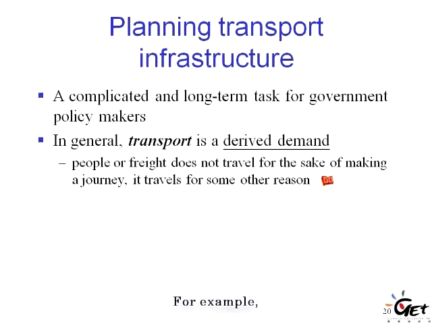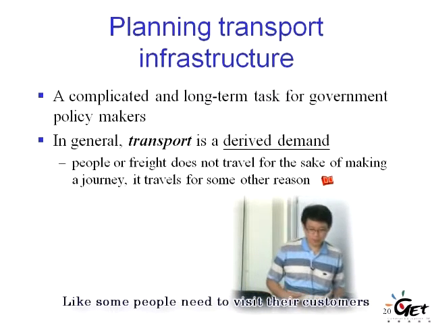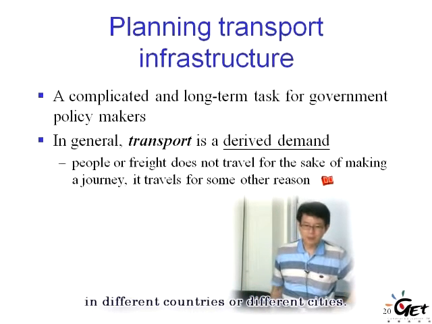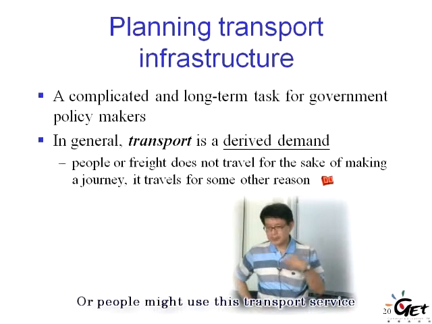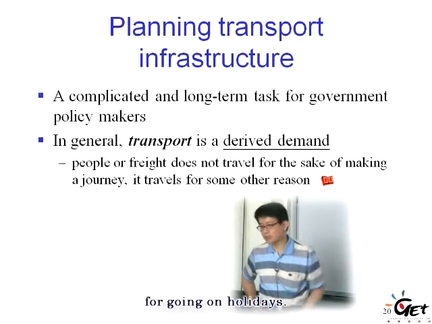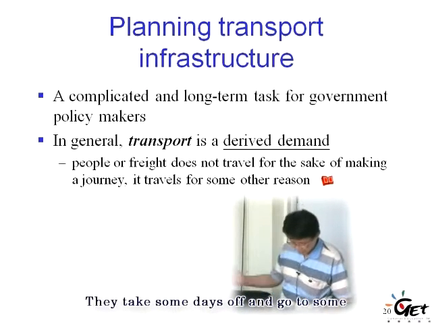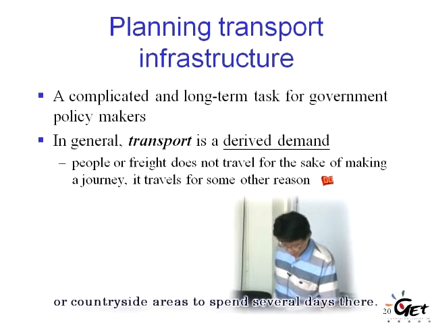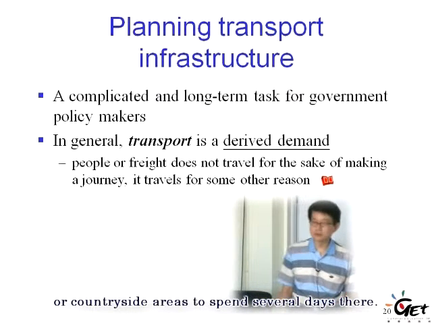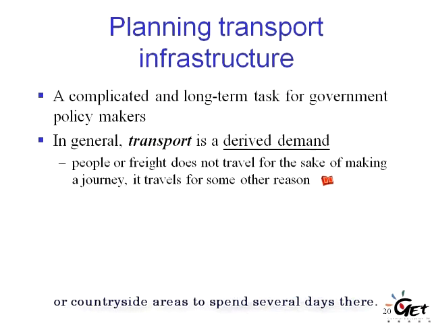For example, people use the transport service to move from one city to another, maybe for going on a business trip, like some people need to visit their customers in different countries or different cities, right? Or people might use this transport service for going on holidays. They take some days off and then go to some countries or other cities or countryside areas to spend several days there.